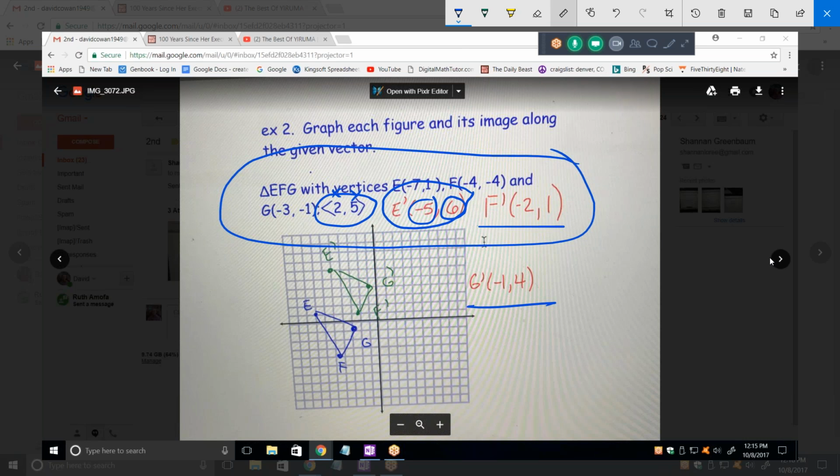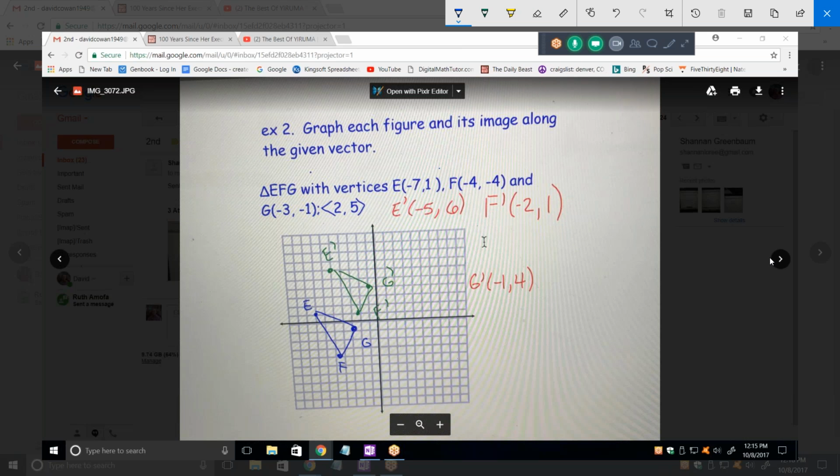You take this and add this, then take the next point and add that same vector, and then the 3rd point and add that same vector. What you end up with are those 3 points, E prime, F prime, G prime, the translated triangle.